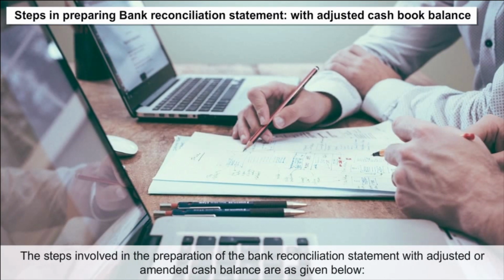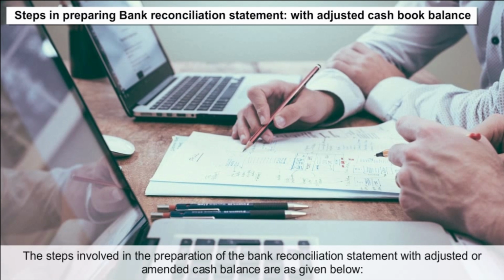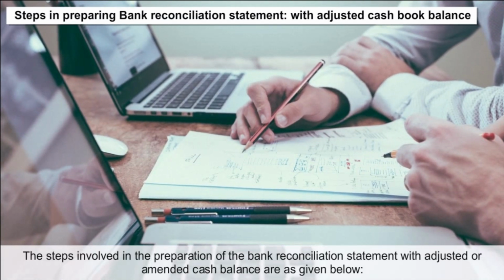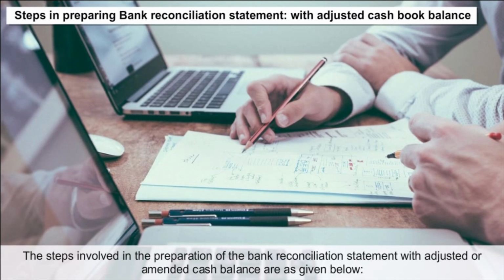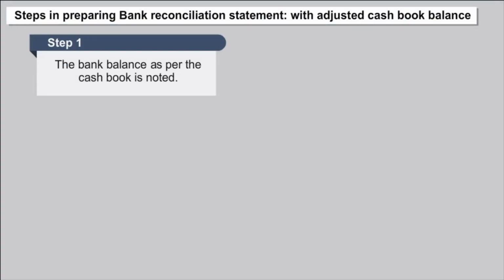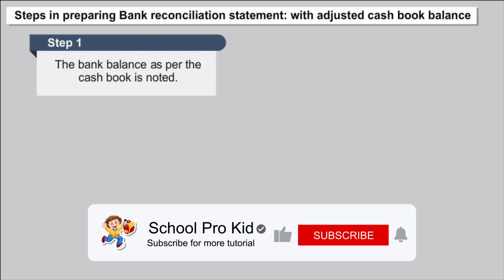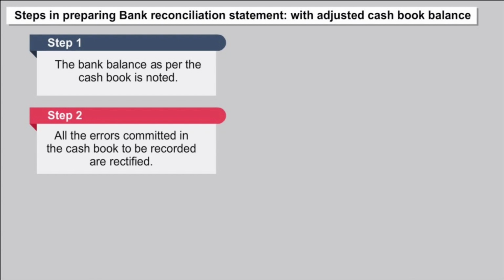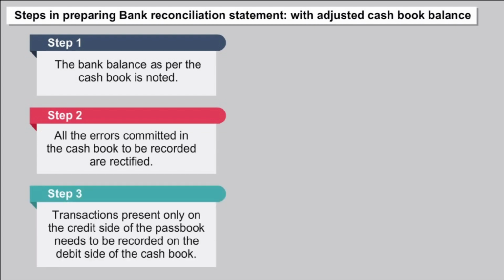The steps involved in the preparation of the bank reconciliation statement with adjusted or amended cash balance are as given below. Step 1. The bank balance as per the cash book is noted. Step 2. All the errors committed in the cash book are rectified. Step 3.